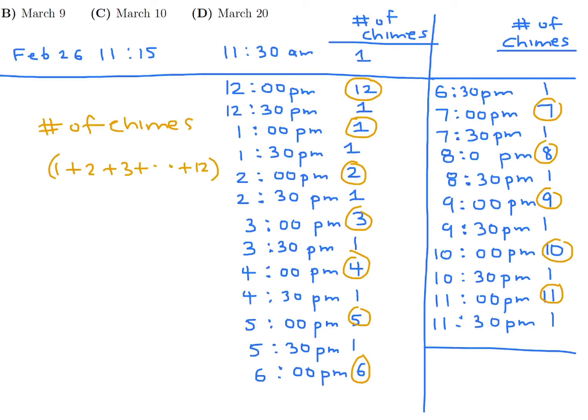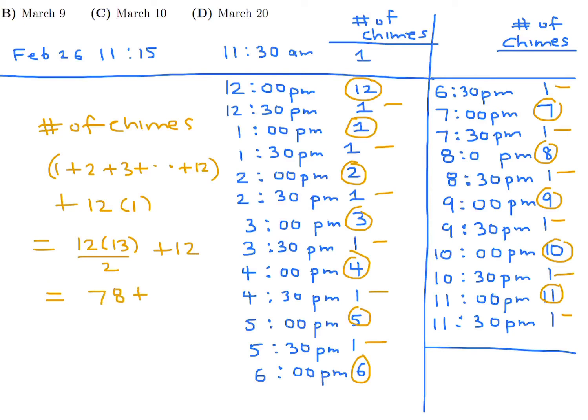And then the 1 chime that happens at 30 minutes past the hour, how many of those do we have? We got 1, 2, 3, 4, 5, 6, 7, 8, 9, 10, 11, 12 of those. Plus 12 times 1. Okay? So this looks like 12 times 13 over 2 plus 12. So 6 times 13, which is 78 plus 12, so 90.